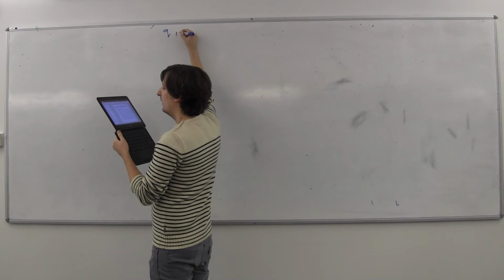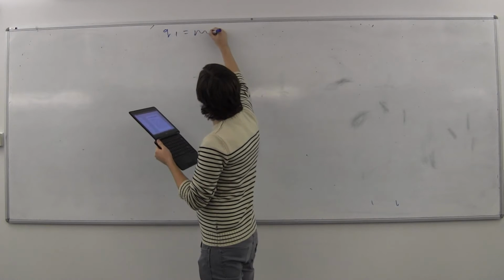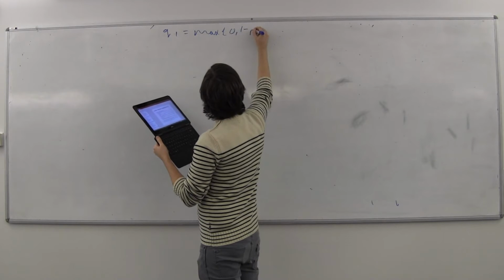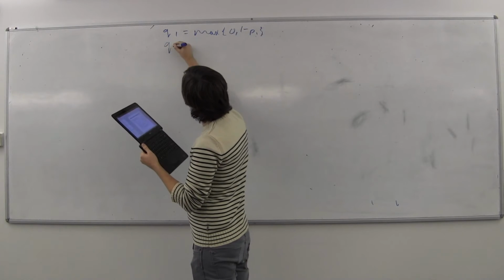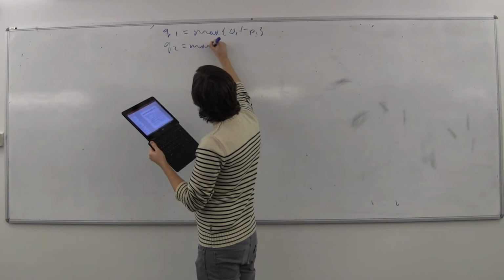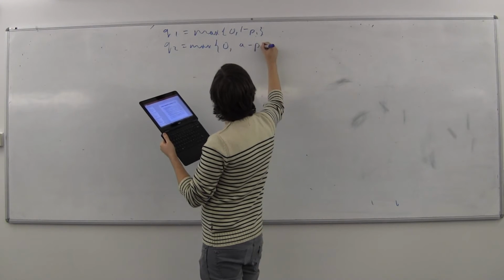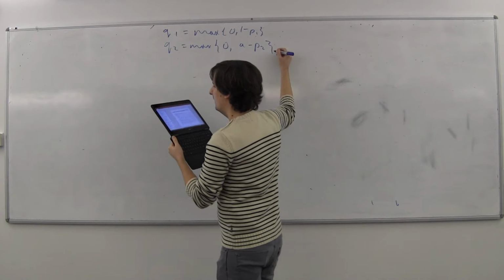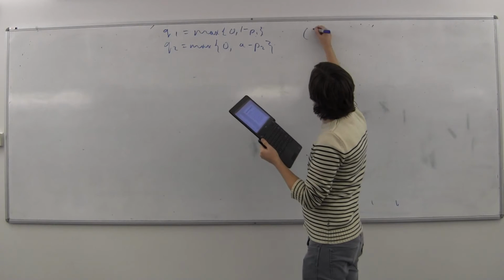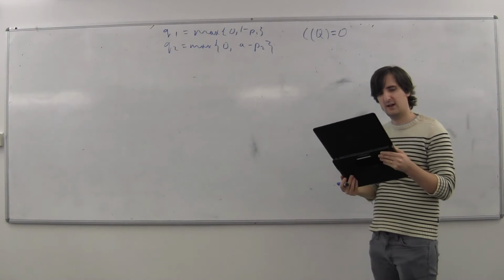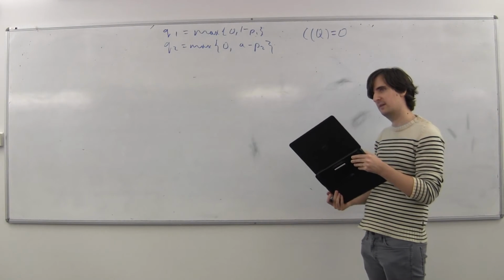Quantity demanded in the first market was max 0, 1 minus P1. Quantity demanded in the second market was max 0, A minus P2. And total costs were equal to 0. So this is slide 24 here.